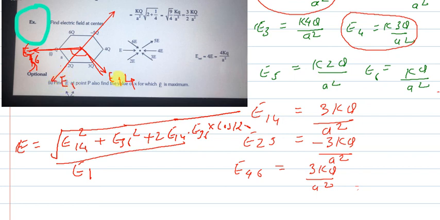This is minus 3kq, and you have to subtract, because both vectors are opposite in direction. So you will subtract to get the total electric field. If I write the total electric field here, E total, this will be the E that we calculated, E1.